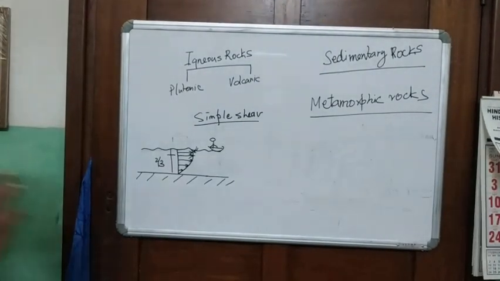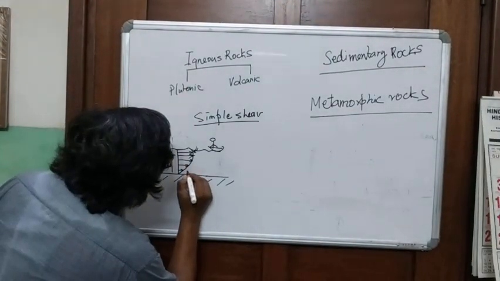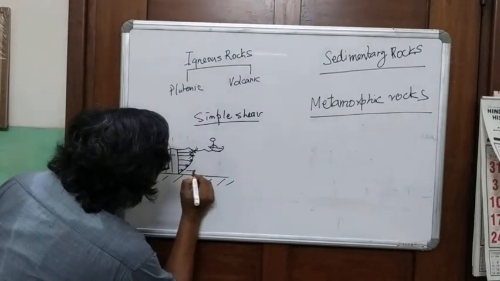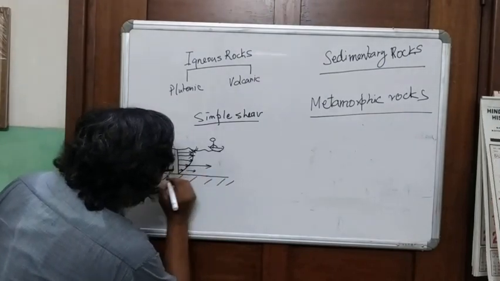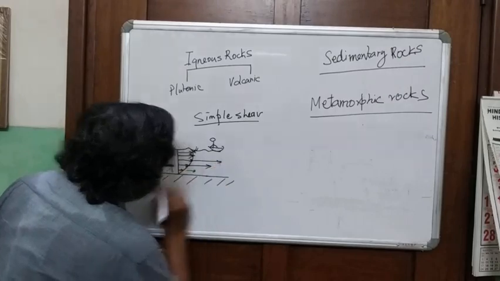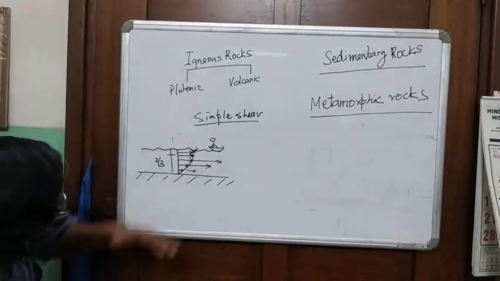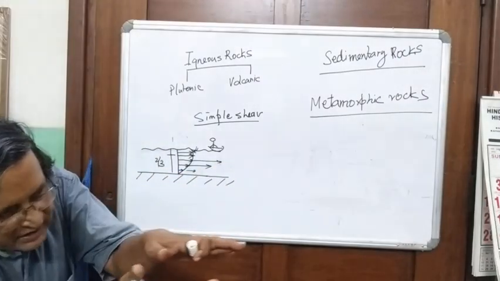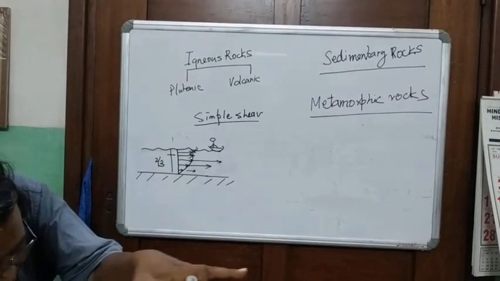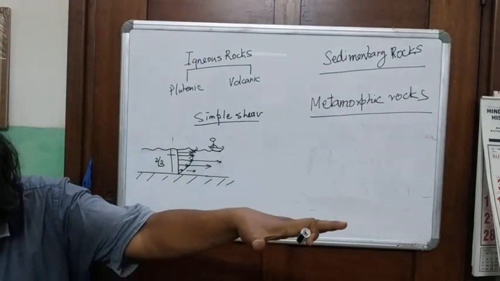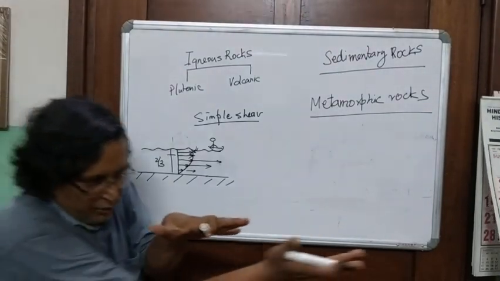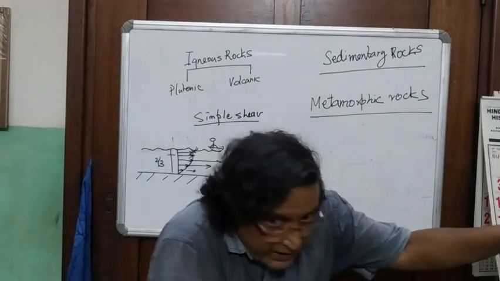But what is happening here, you see? This material is moving slower. This material is moving faster. This material is moving faster. So what is happening? It's like a pack of cards and you're shearing it like this. Have you understood? You're shearing it parallel to the surface.